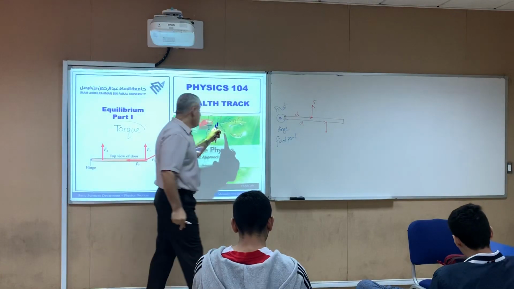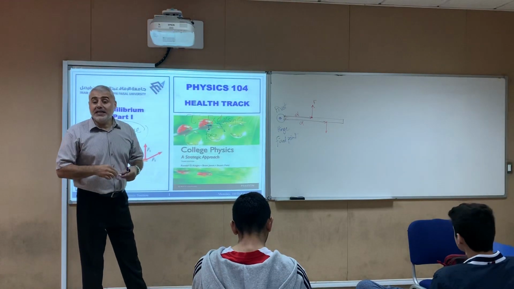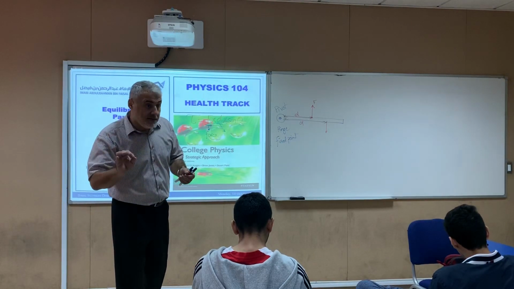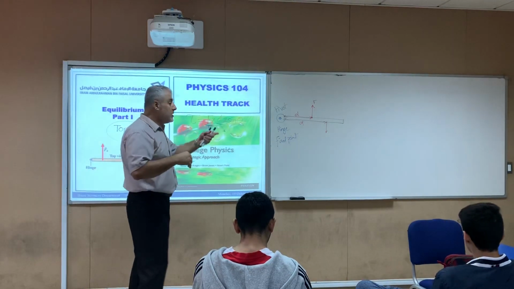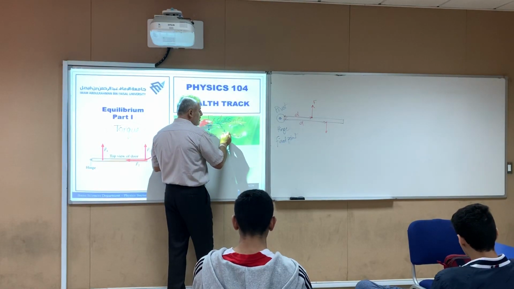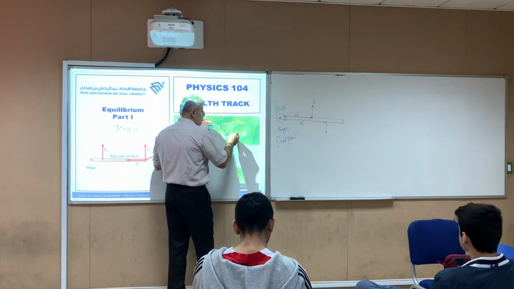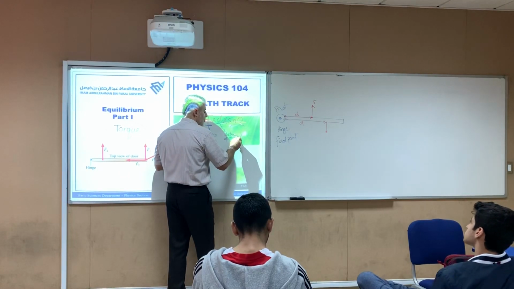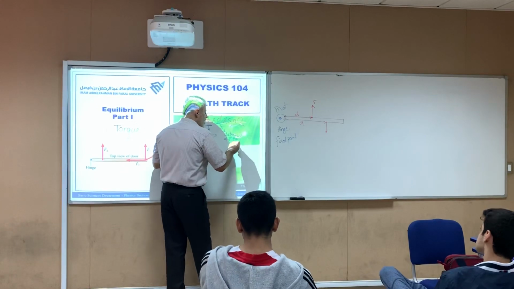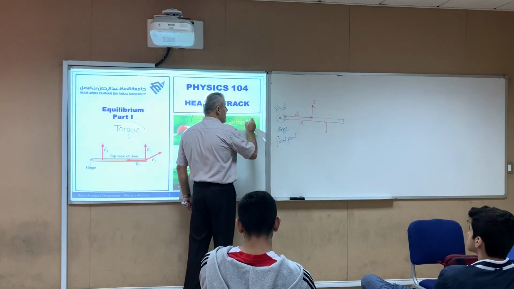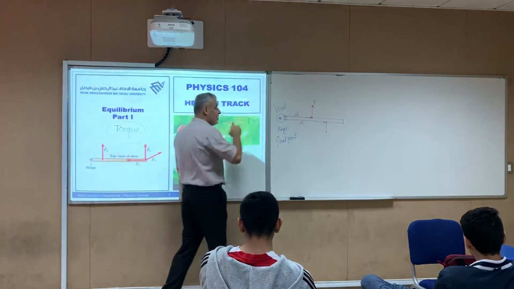So again, gentlemen, D is the distance from the point of action of the force to the pivot. I prefer to use pivot because it's more common. Here we say distance of F from pivot. Now, sine theta is the angle between F and D. I will explain this now.